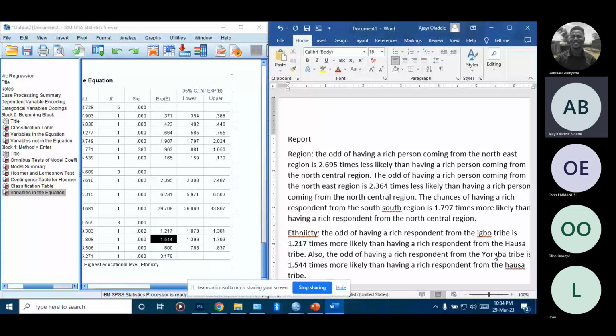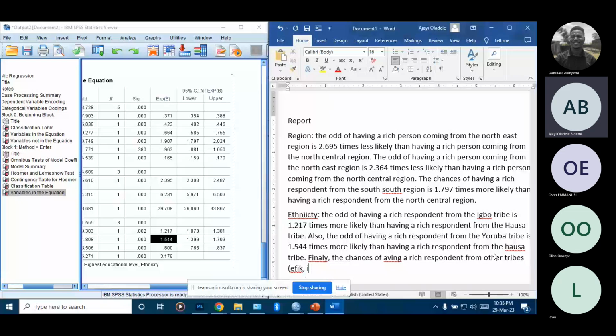Okay, finally, the chances of having a rich respondent from other tribes, I'm talking about tribes like Efik, Ibibio, Fulani, and the like.